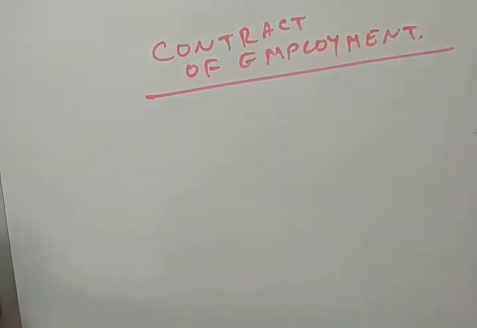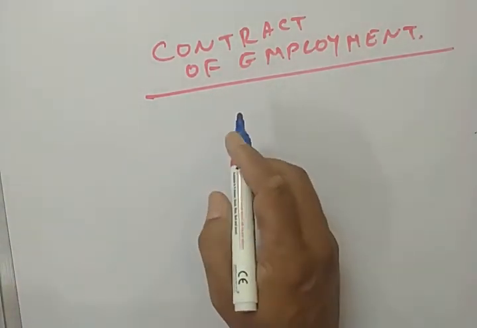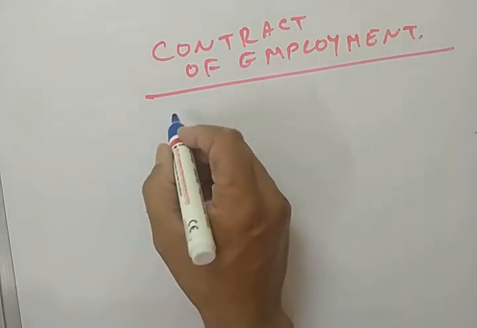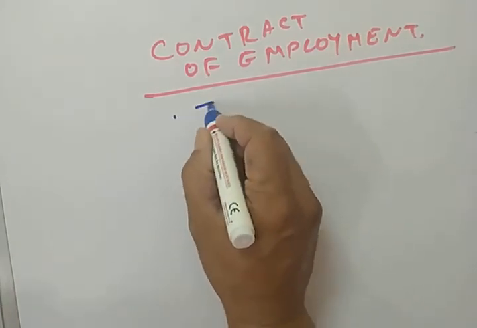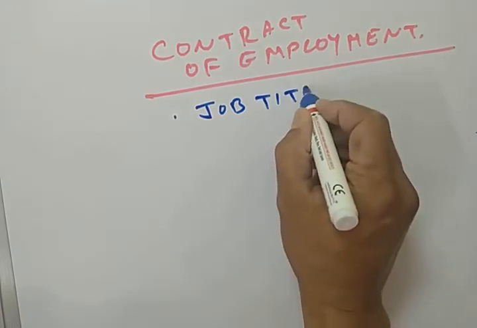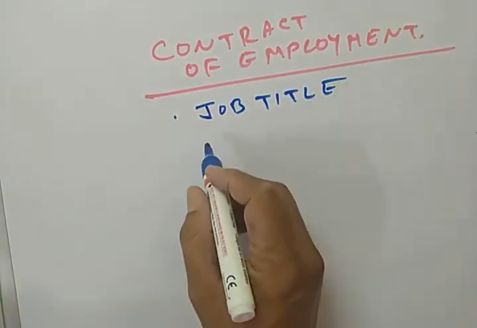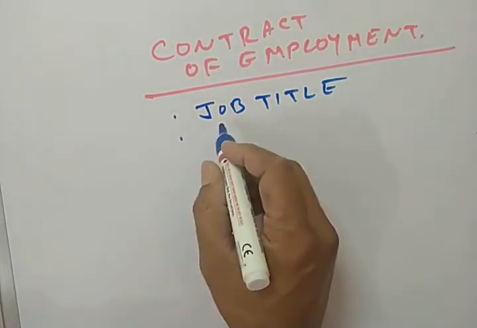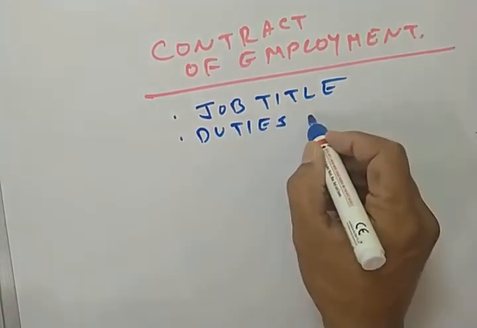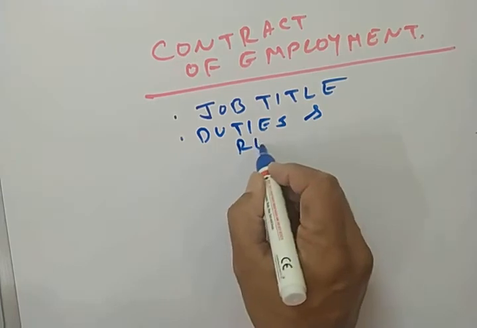These checklists set out the typical headings in the context of employment. Like number one is job title. Number two, duties and responsibilities.